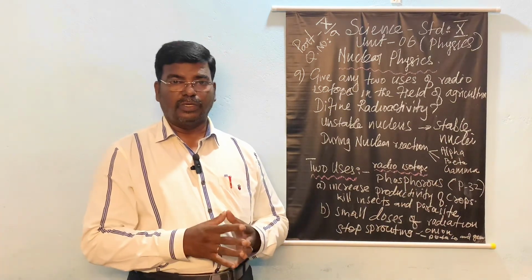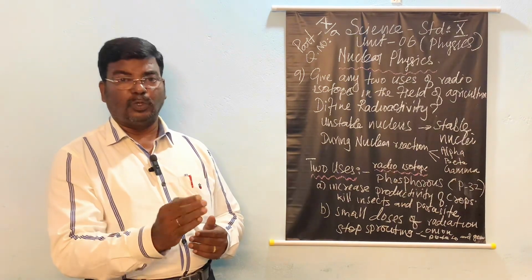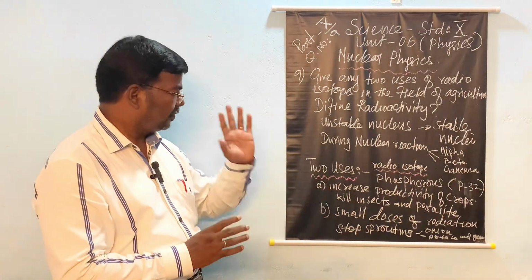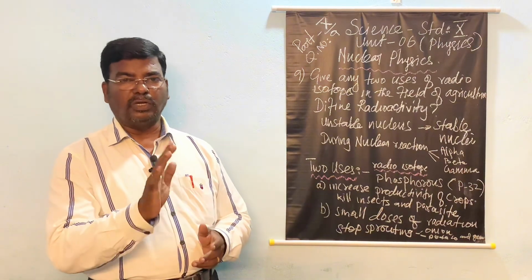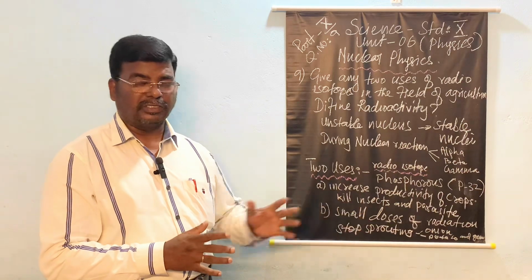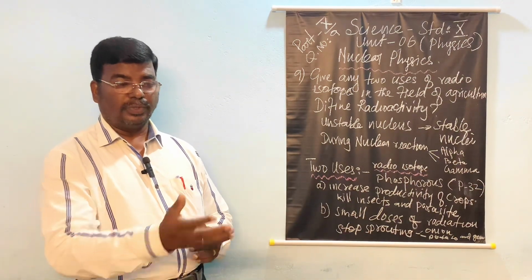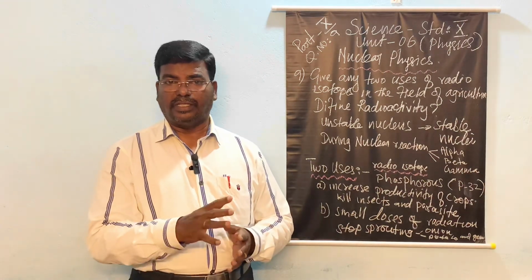We can see it. So when we use a very low dosage of this radiation, it is going to stop the sprouting nature of this agricultural product. By means of that, we can also save the things.